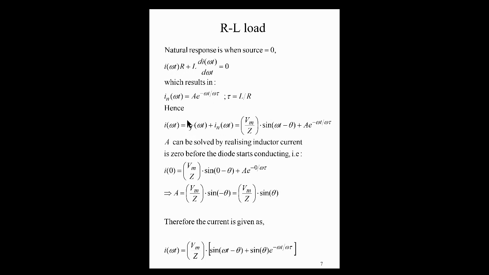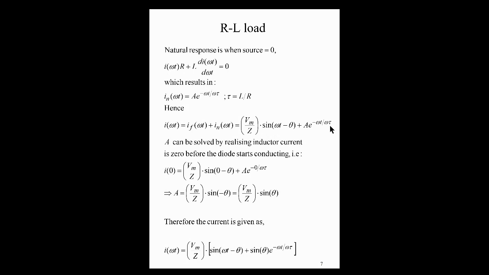Earlier we determined that the force response is given by this part of the expression, that's Vm over Z multiplied by sine of omega t minus theta, and the natural response, we can substitute it there. It's just equal to A e to the minus omega t over omega tau.